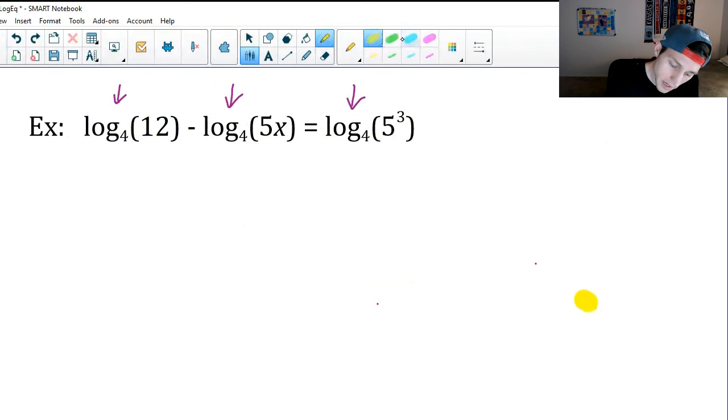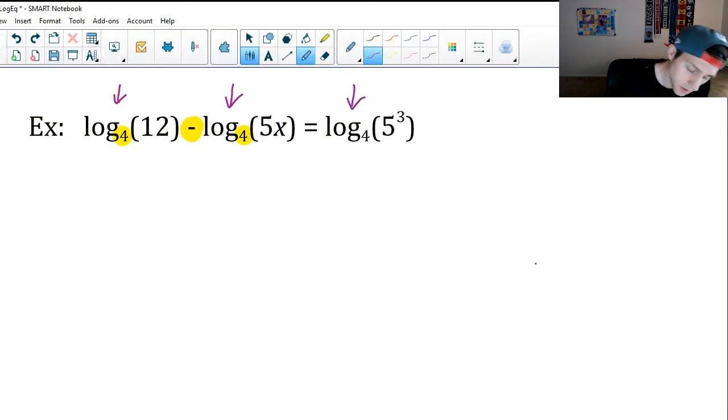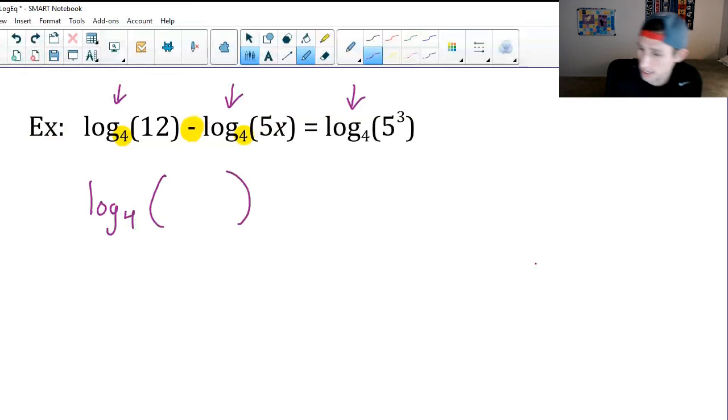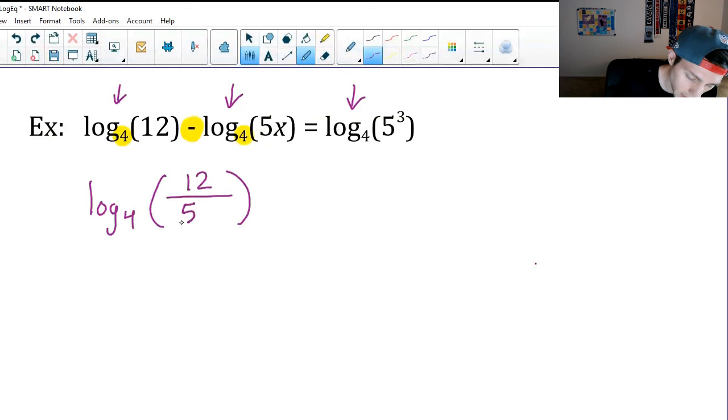What I'm most intrigued about is this minus sign in between the 2 logarithms, and these logarithms are the same base. So that tells me I can use my properties to condense these together. And whenever there's subtraction between 2 logarithms, I know that we can combine that as division.